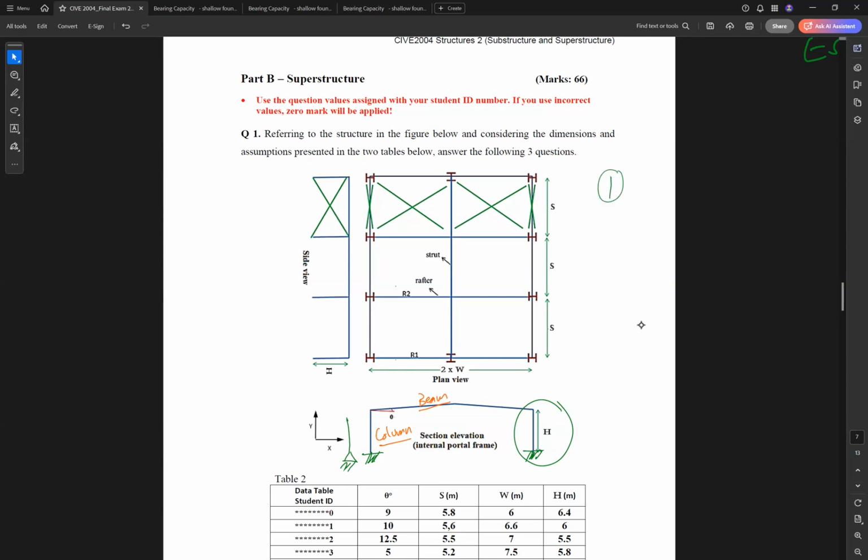Maybe I write it here. Number 1, beam loads: dead load, live load, and wind load. Number 2 is the load combinations.